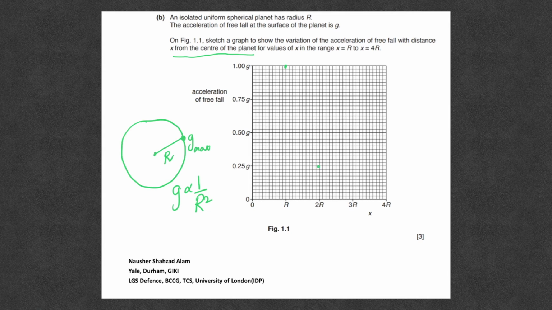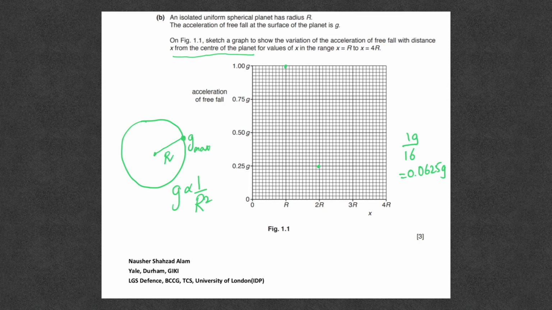So your next value would be here. And then when you quadruple the distance, which means you increase the distance by 4, then gravitational field strength divides by 16. So 1/16 is 0.0625 of the original value. So original value was 1g. You divide that by 16.